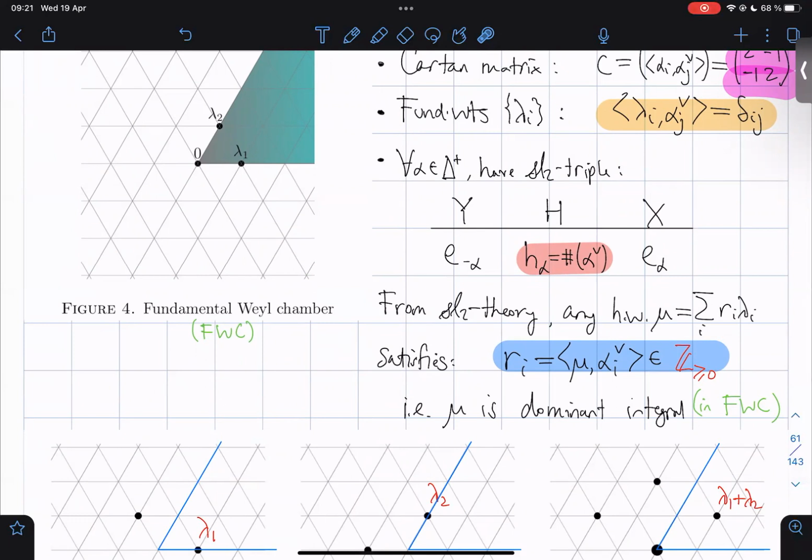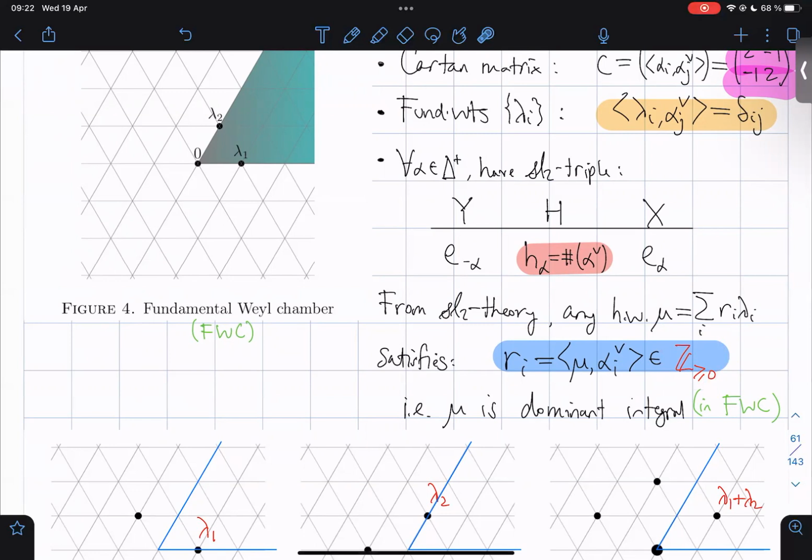Okay. So writing this highest weight out in the fundamental weight basis, first of all, we could extract these coefficients by just pairing this with the corresponding co-roots, simple co-roots. Okay. And these are the M's that we were using before as highest weights in the SL2 theory. So you automatically, from that theory, get non-negative integrality.